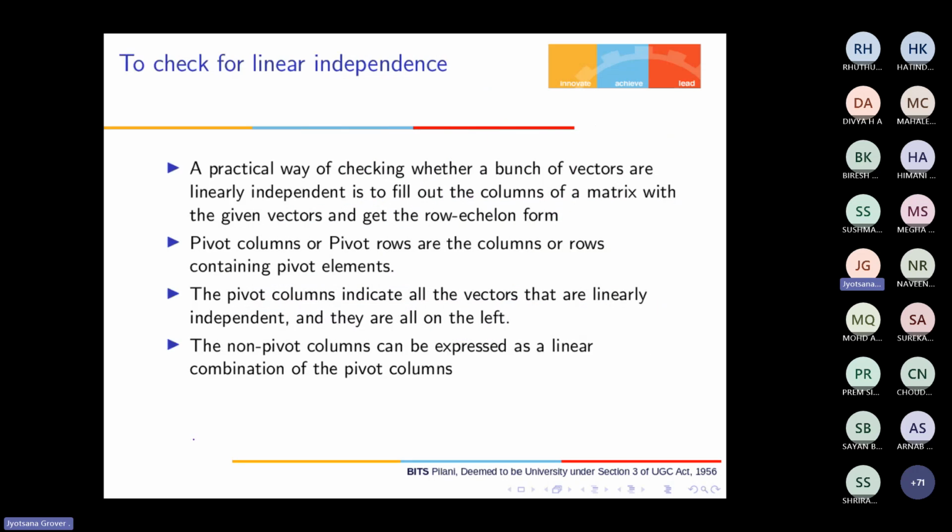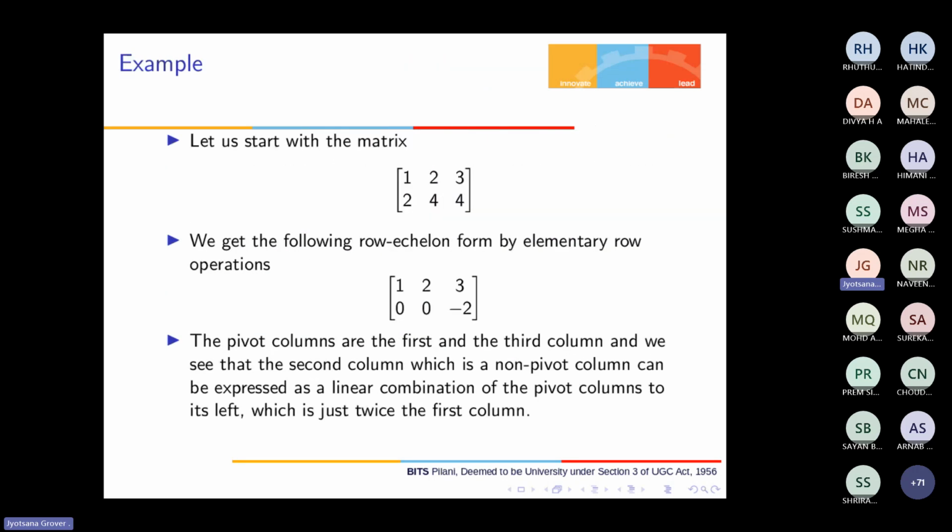Now suppose you have 3 column vectors, let's take v1, v2, v3. You have to check whether they are linearly independent or not.